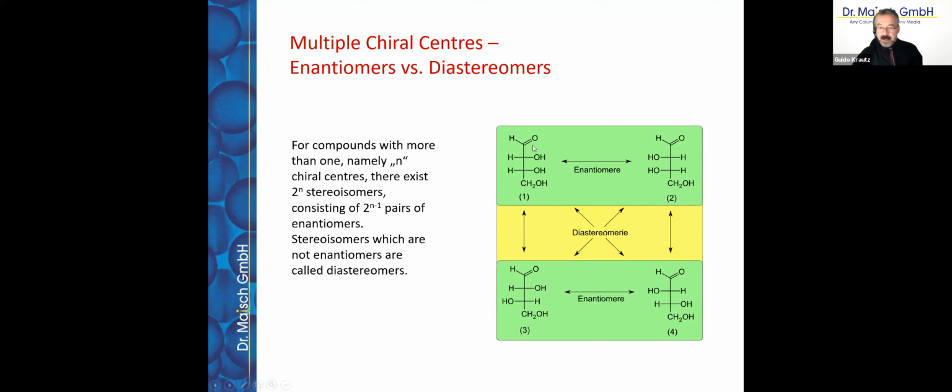So the enantiomers are mirror images of each other. And a pair of enantiomers represents molecules where the configuration in each chiral center is inverted. But then there are also diastereomers, which are not mirror images of each other. So stereoisomers which are not enantiomers are called diastereomers.